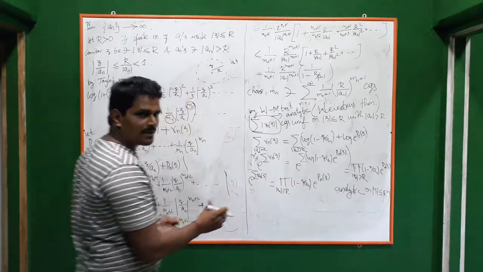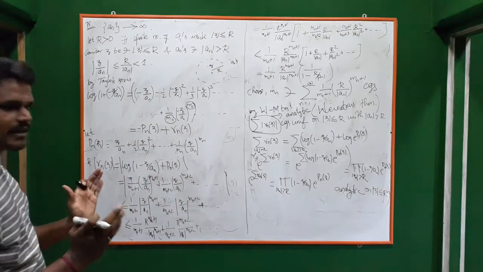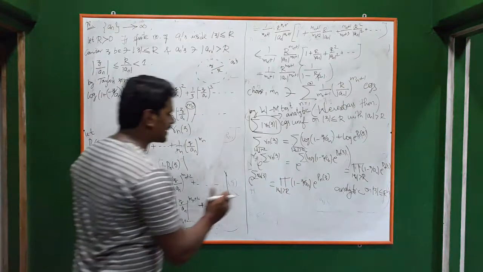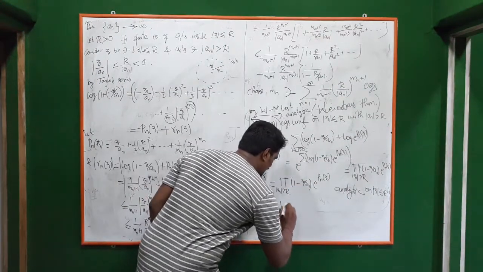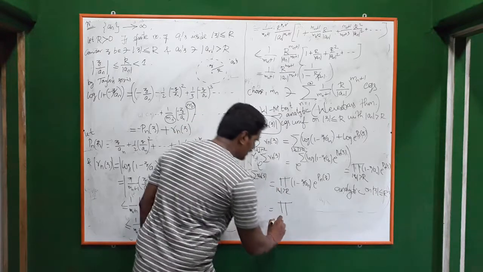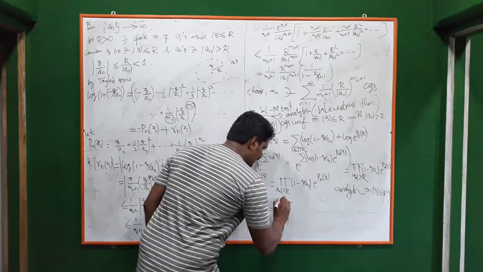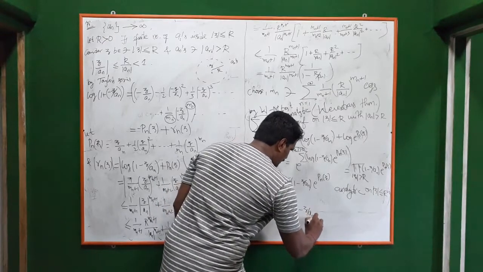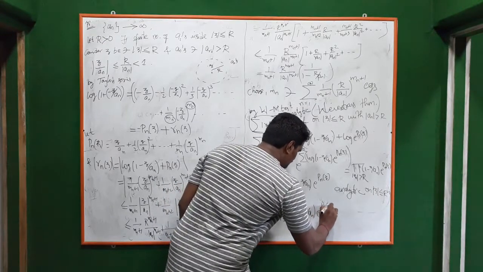So if you multiply that finite number of elements, that will again be converging, so there is no problem with that convergence. So this will be equal to, I can write it as the product over mod an greater than r and mod an less than or equal to r. So you can write this as n from 1 to infinity itself, of 1 minus z by an e power Pn of z.